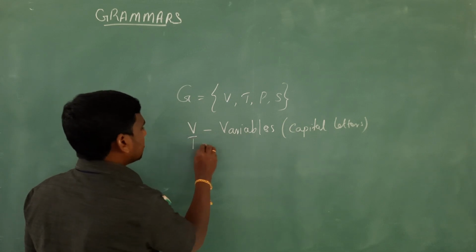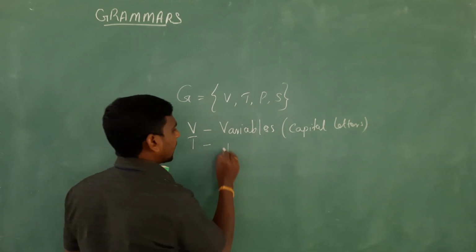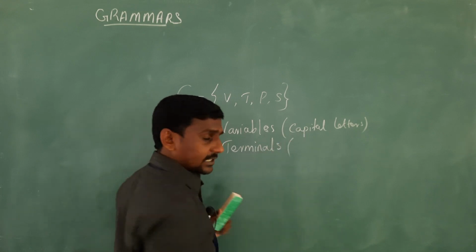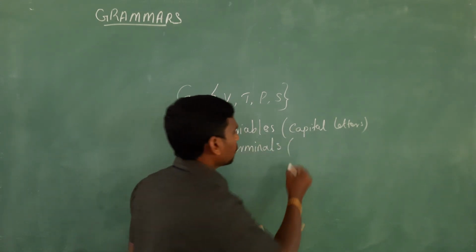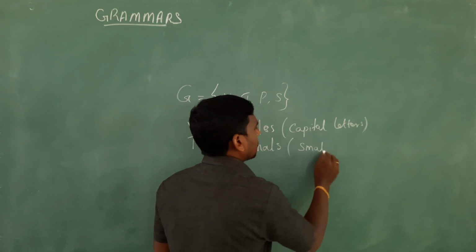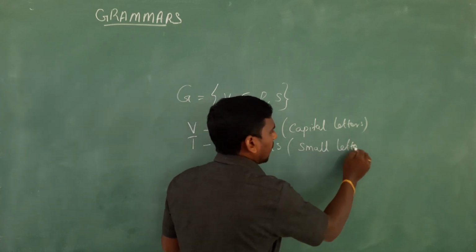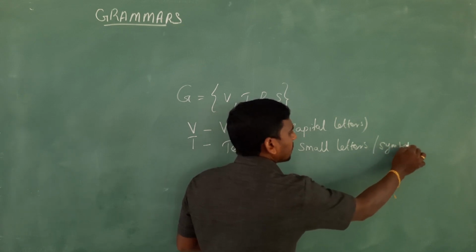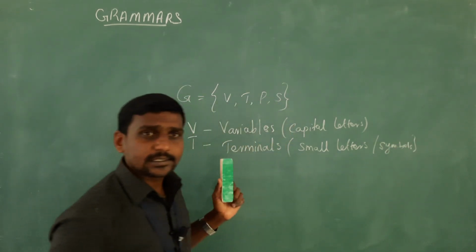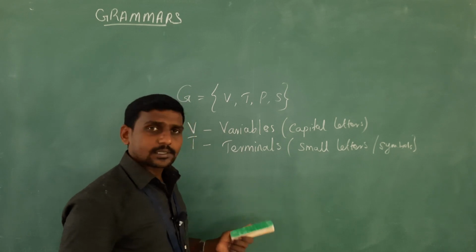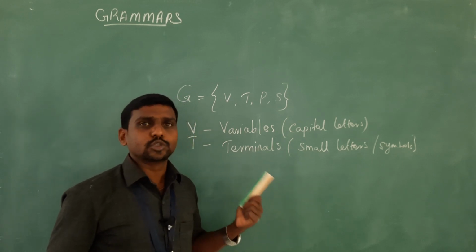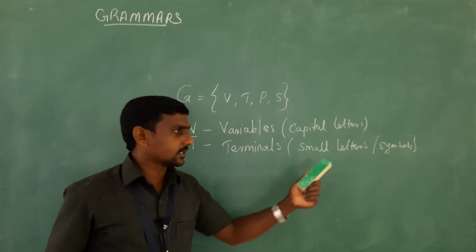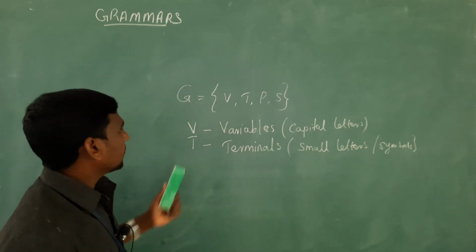And what is T? T means terminals. Terminals are small case letters, symbols, numbers, etc. Plus or number 2 or number 1, numbers, small case letters, symbols, these are called terminals.